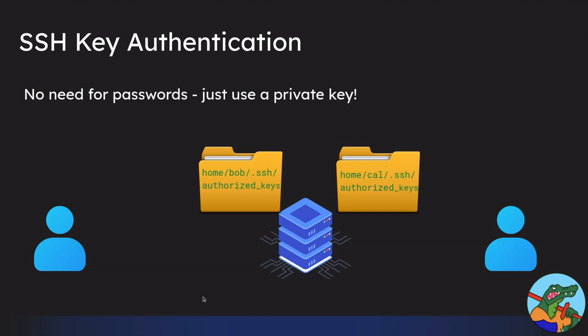He is going to use a command called ssh-keygen to generate his keys, his private key and his public key. He's going to take that public key and give it to the server. The server is going to store that key in a specific file, specifically for the user that we want to authenticate as, the user that we want to SSH into.